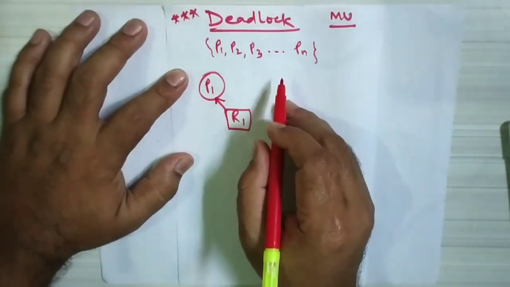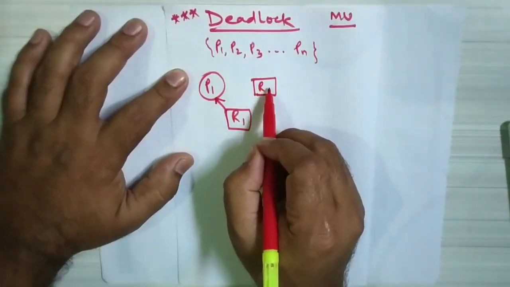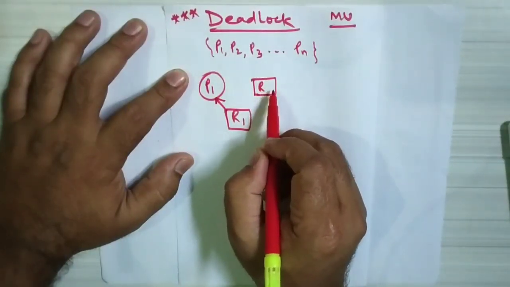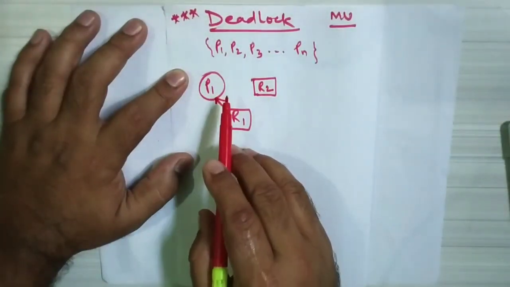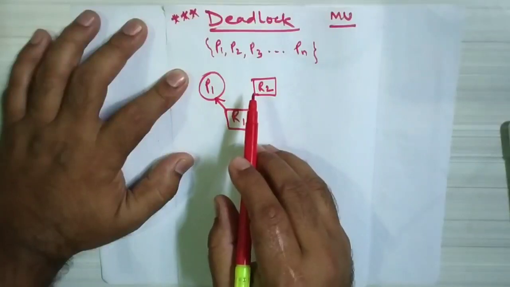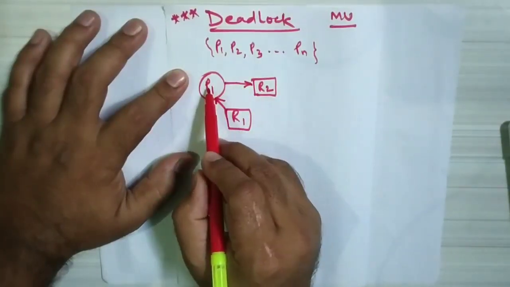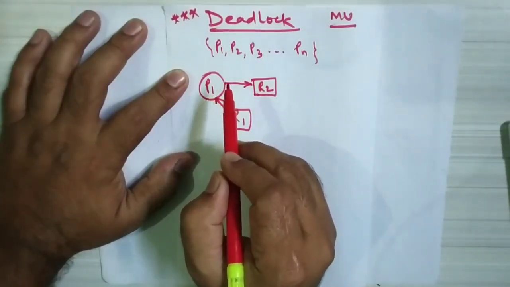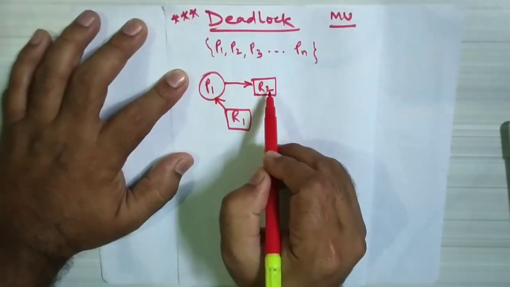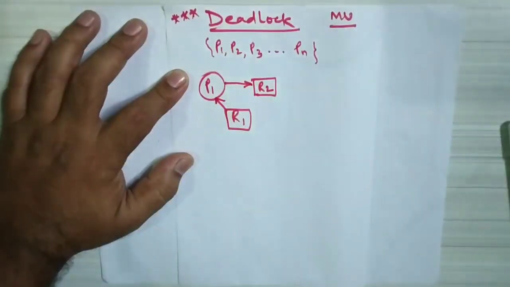Now imagine a second resource, r2. If p1 has a requirement of r2, then it can be shown like this. So p1 requires r2, but right now it does not have control of resource r2. So we show the arrow mark towards the resource.